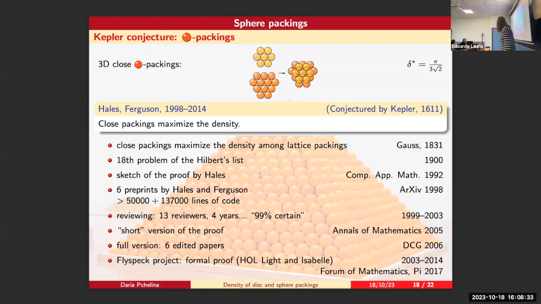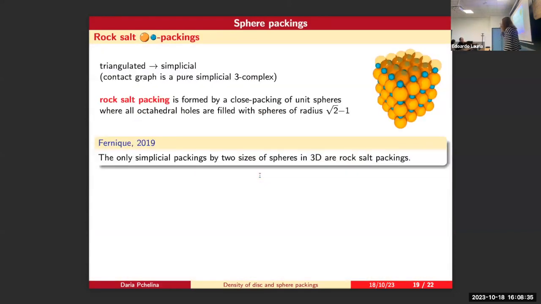So we decided to try it with 2 sizes of spheres because, first, we hope to do it in a shorter amount of time and effort. And in the worst case, it will give us 6 papers, 6 publications. That's cool.